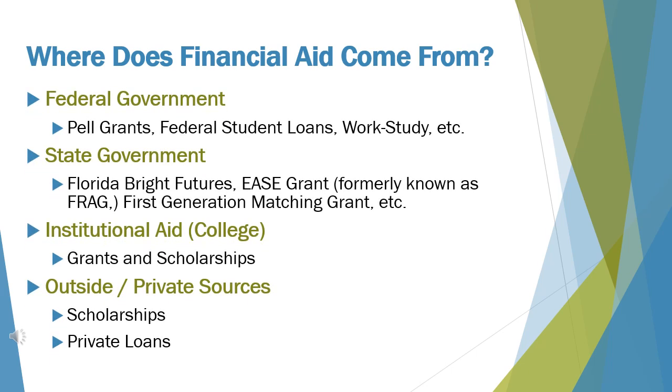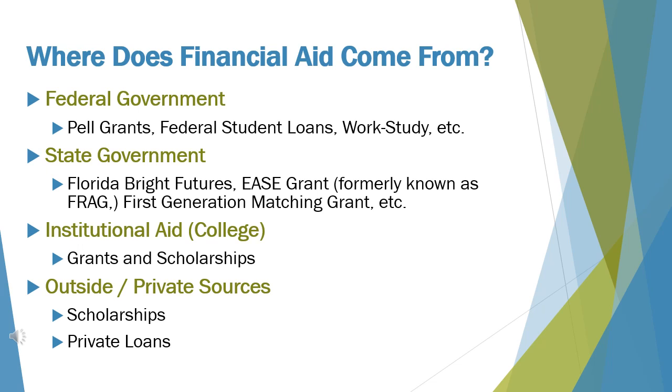Financial aid comes from a variety of sources. The federal government awards financial aid in the form of Pell Grants, federal student and parent loans, and work study. The state of Florida awards financial aid too. This includes the Florida Bright Futures Scholarship and the EASE grant awarded to Florida residents attending a private college in Florida.